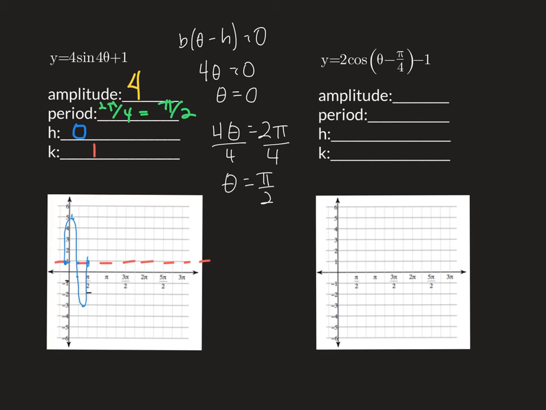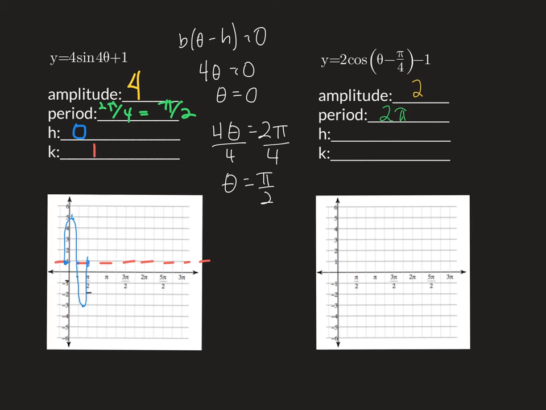All right, if you're feeling brave, hit pause, try the next problem, and then come back and see how you do. All right, let's go through this, and I'm going to go through some of these steps just a little bit quicker. My amplitude is 2. My period, I'm going to stick with this skinny pencil for now. My period is just 2 pi because there is no b value.